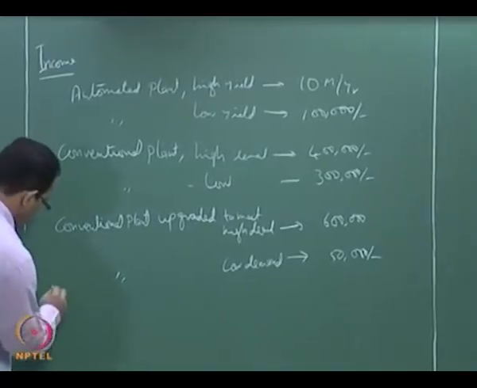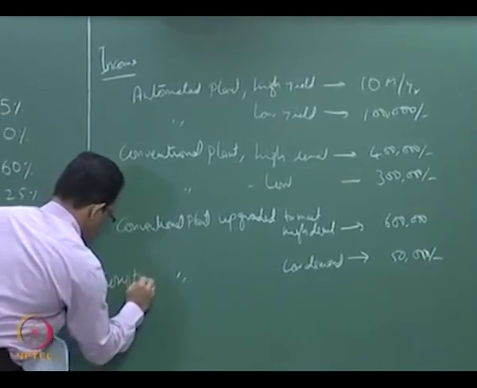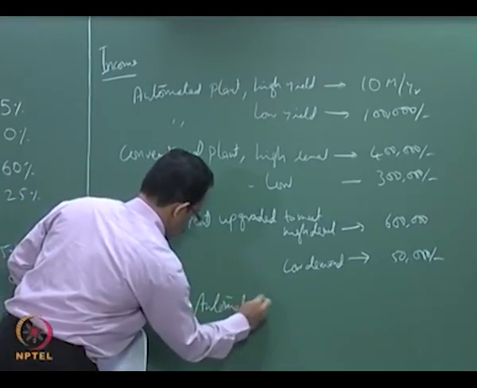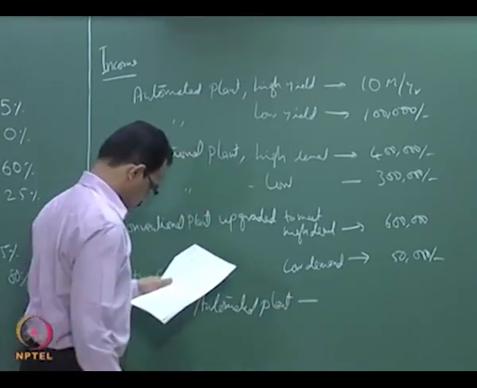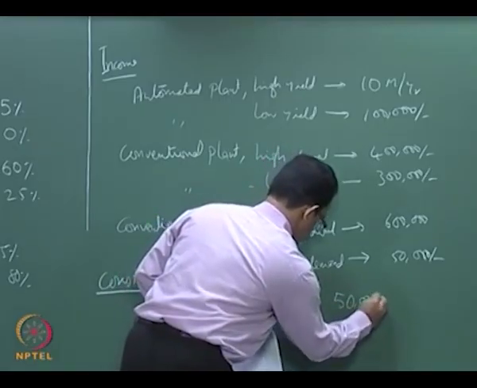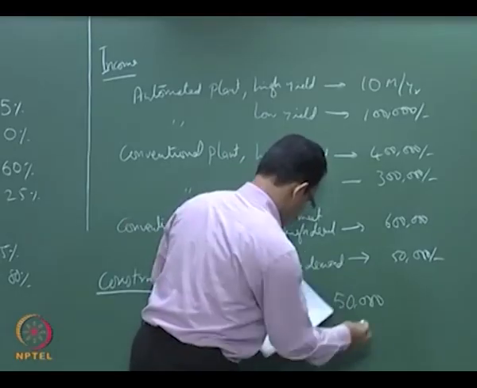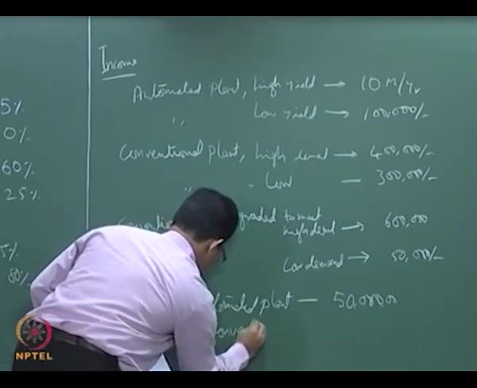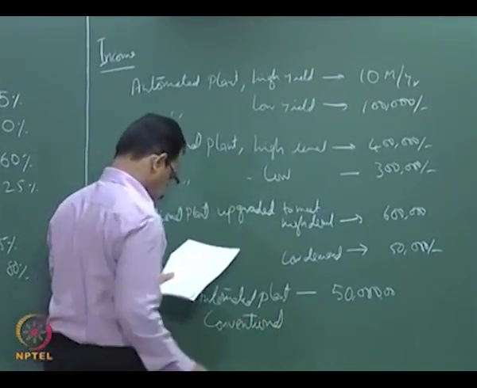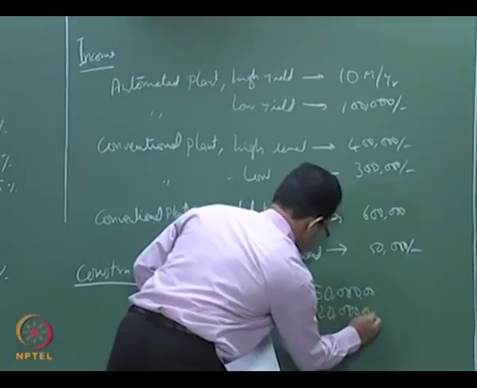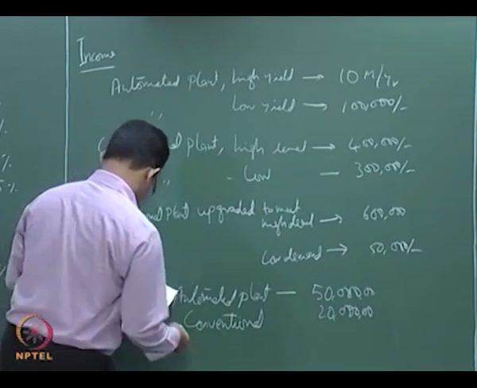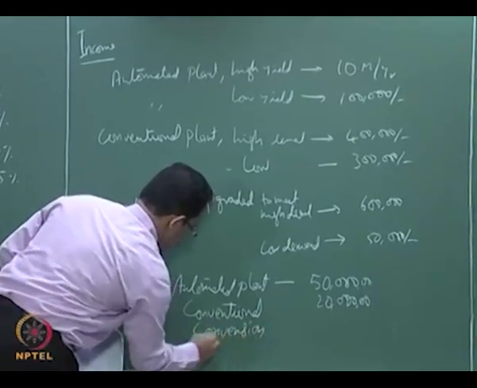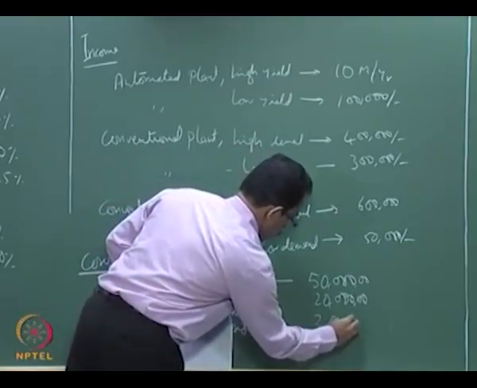And then the construction cost. This is the revenue, and the construction cost of an automated plant will be 50 million, then conventional will be 20, and if you want to automate after 2 years, that is conversion or upgrading of the conventional plant, again it will be another 20 million.